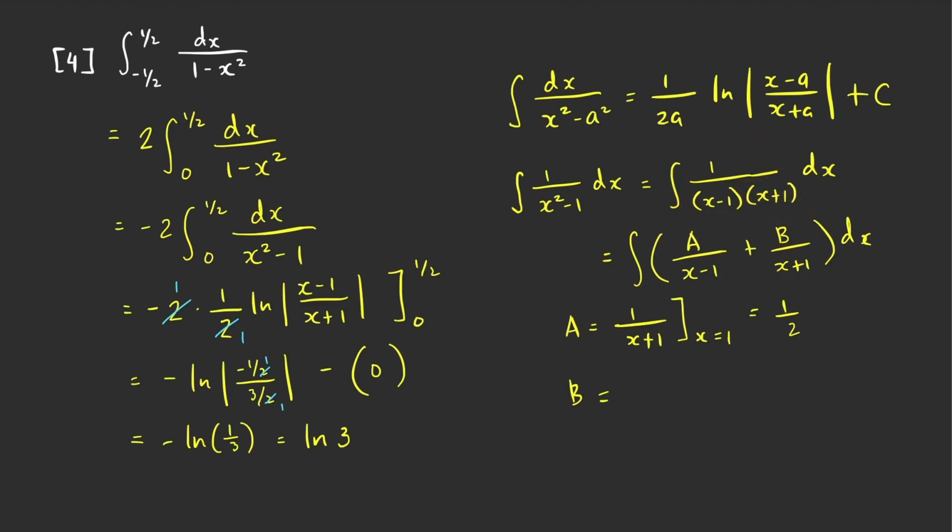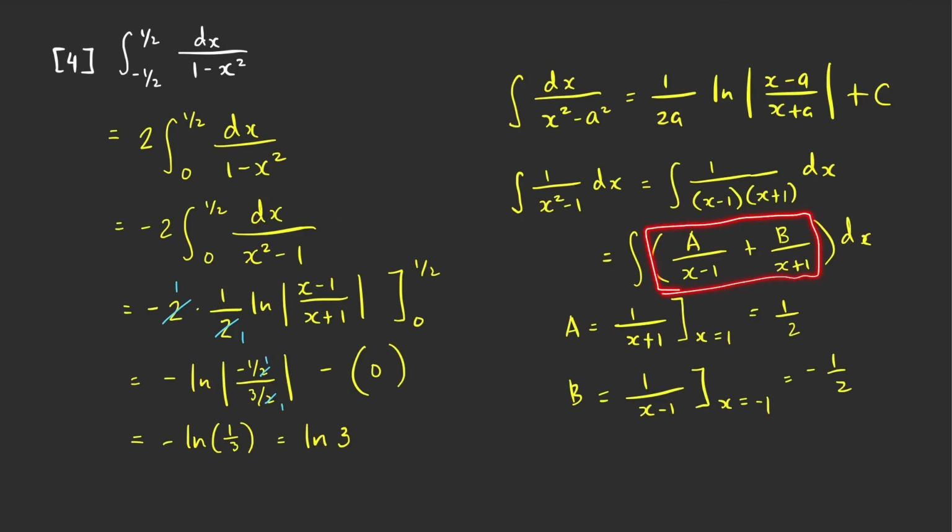You get 1 over x minus 1 at x equals negative 1, and you get negative 1 half. So that's how you get the values of a and b, and you plug them in here.